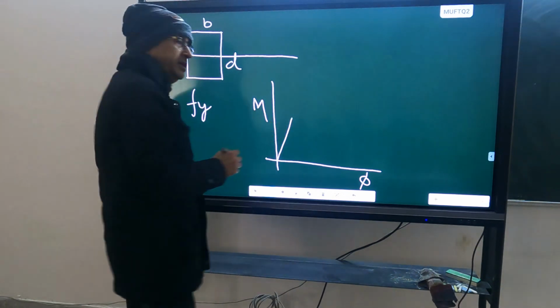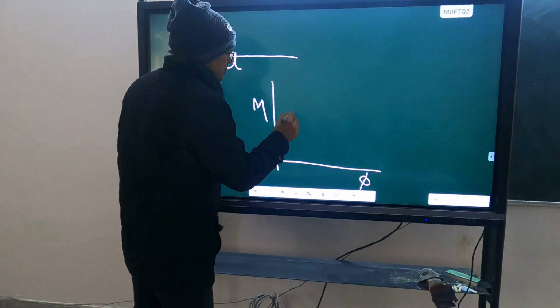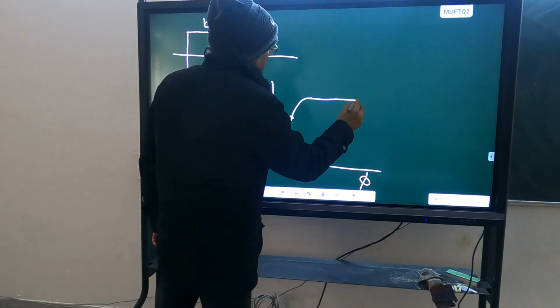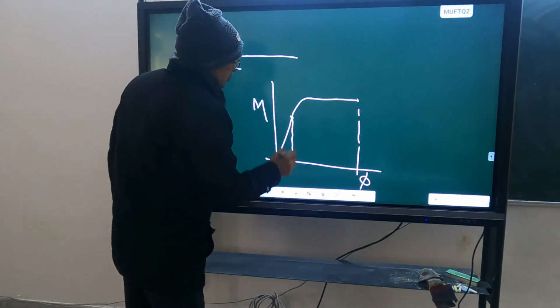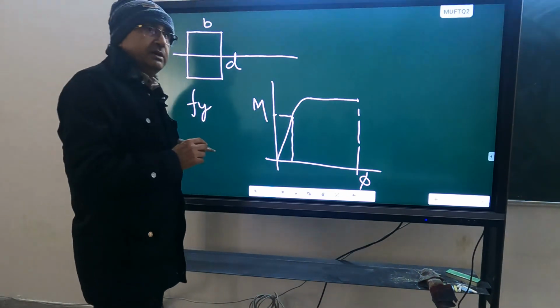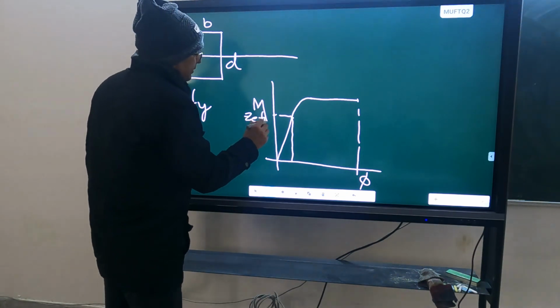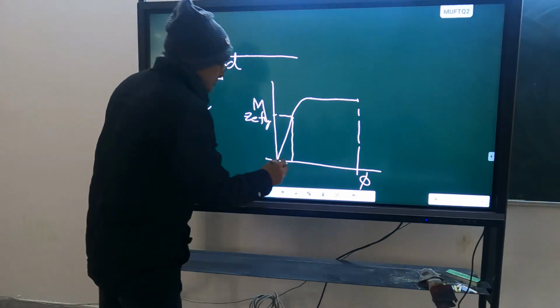It was linear initially, then the first yielding occurred, then it becomes flat. So these 2 points we have calculated: My dash equals Ze into Fy, and phi y dash.